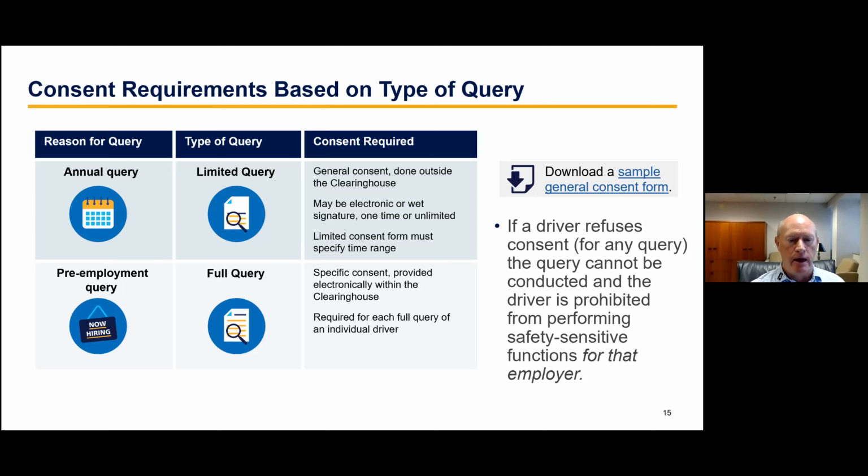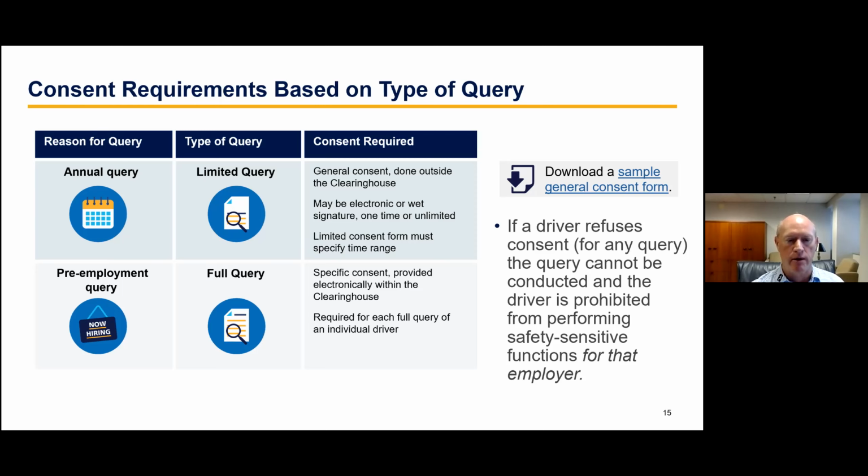And so on that one, you'll see in the lower right of that box, it says specific consent provided electronically within the clearinghouse. It's required for each full query of an individual driver. So what that means is you're going to send a request through the clearinghouse.